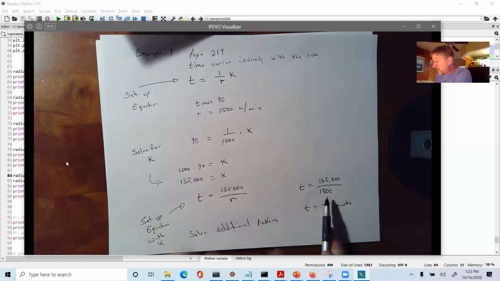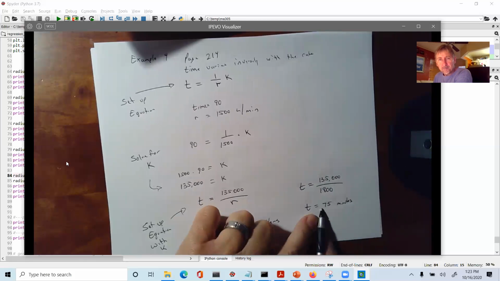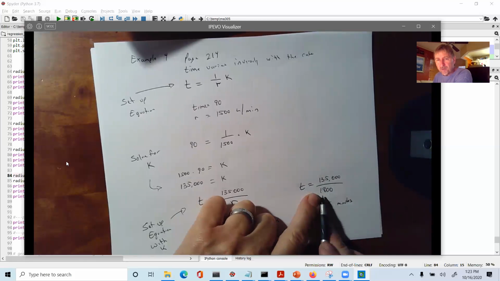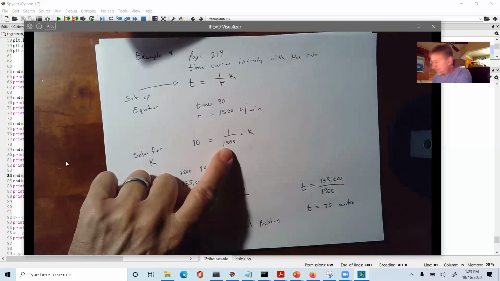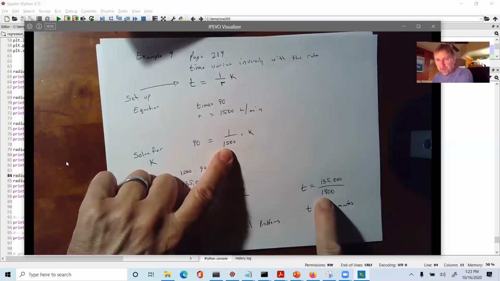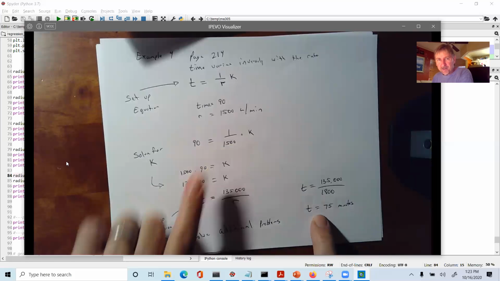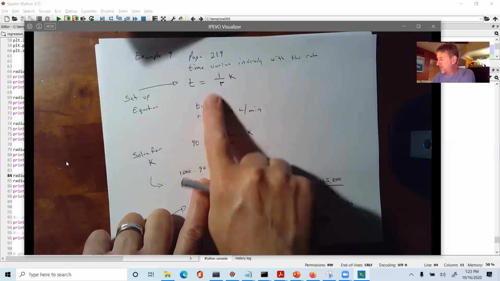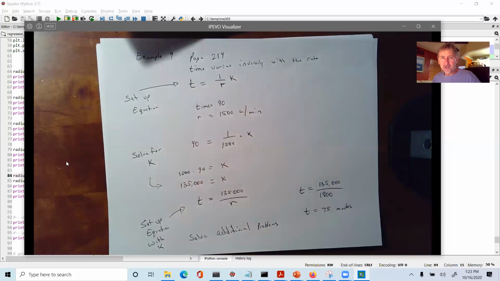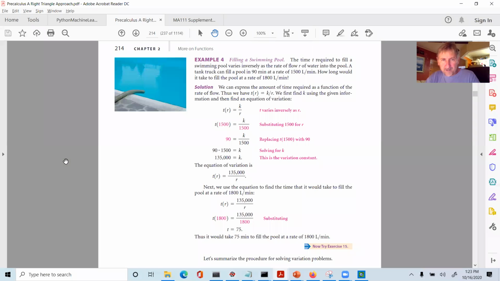Right, so as I increased my rate from 1,500 liters per minute to 1,800 liters per minute, I decreased my time from 90 minutes down to 75 minutes. That shows this inverse variation. And the answer should be 75 minutes.